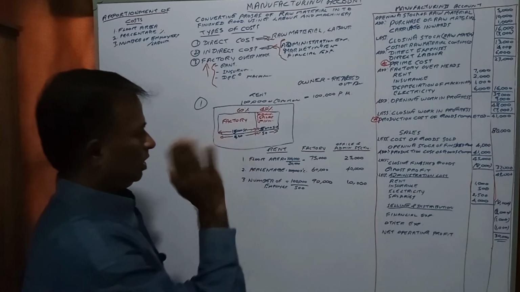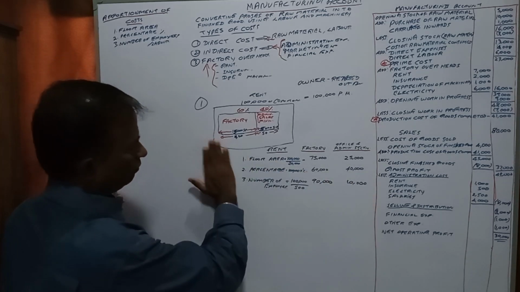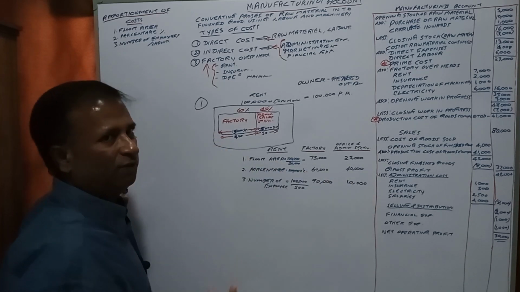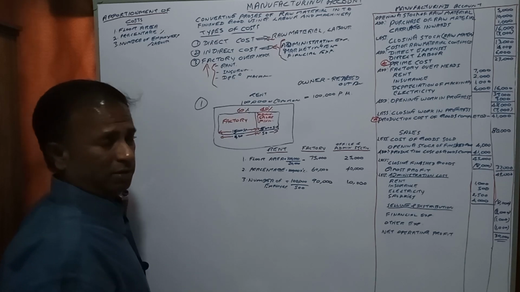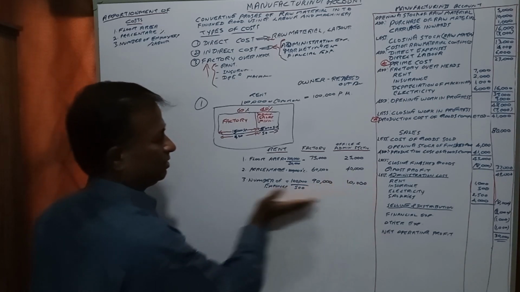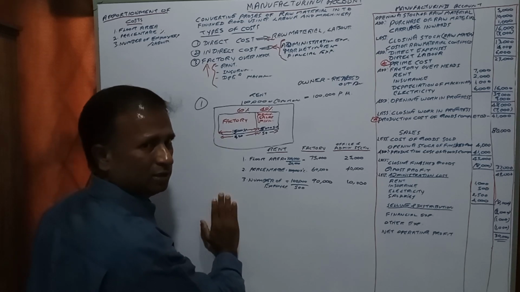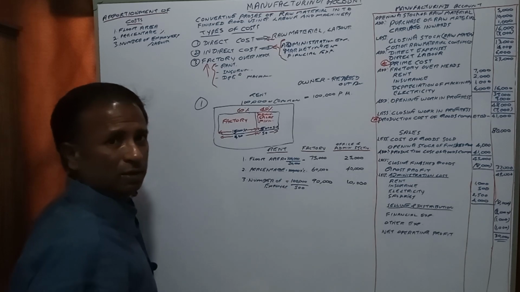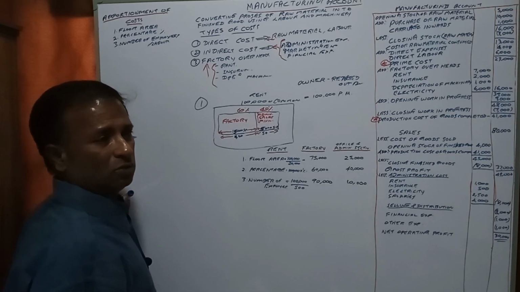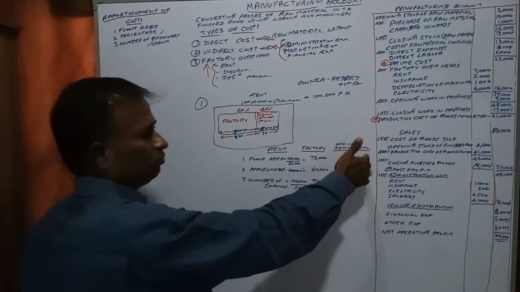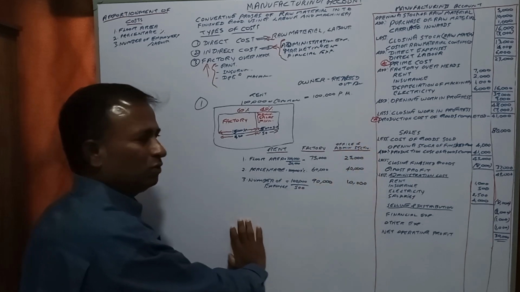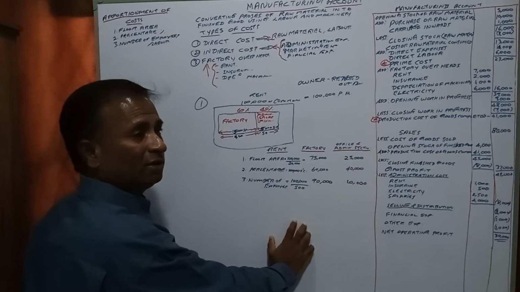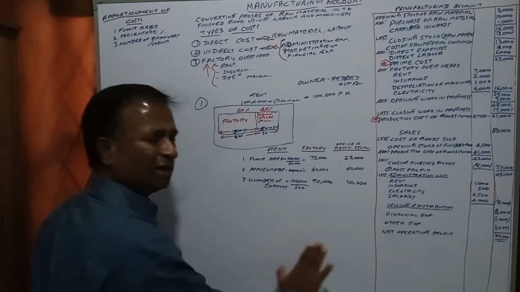If you apportion the cost based on floor area, it may differ. These are the methods, so each method may vary from each other. You cannot expect all three methods to arrive at the same amount.